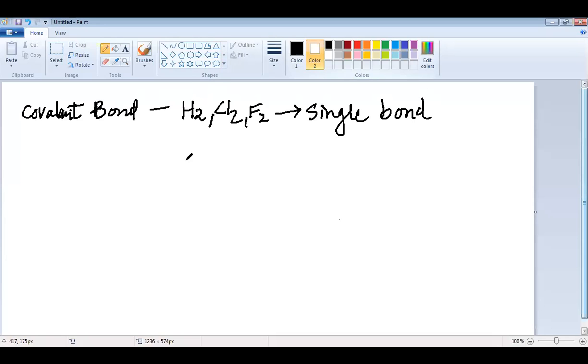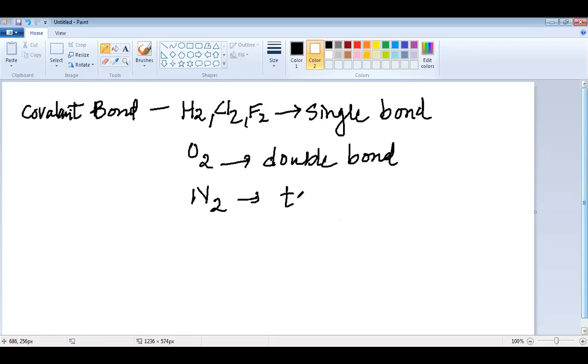We have studied about the O2 with double bond. We have studied about N2 with triple bond.